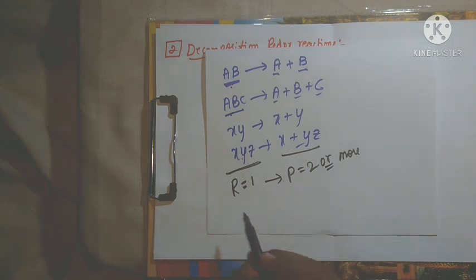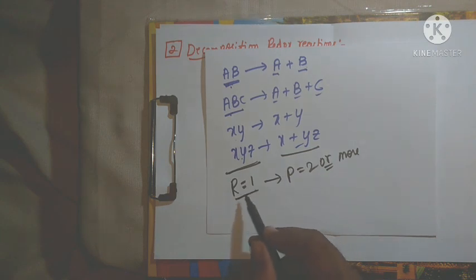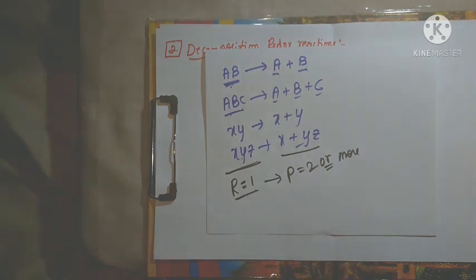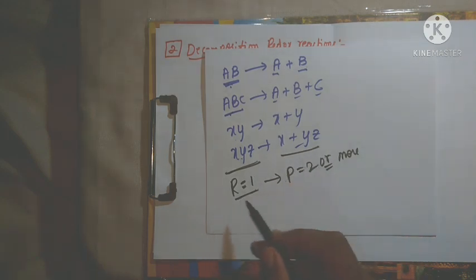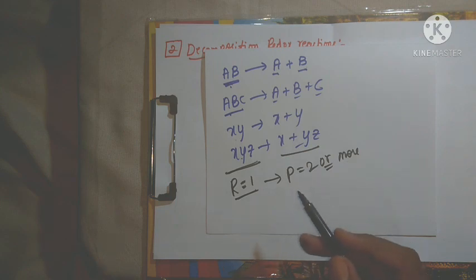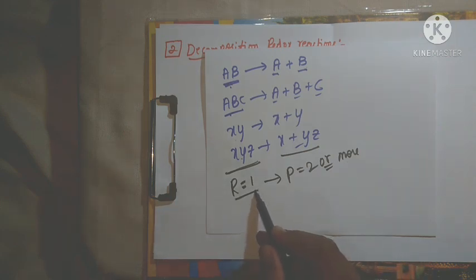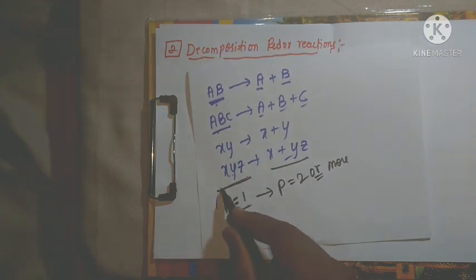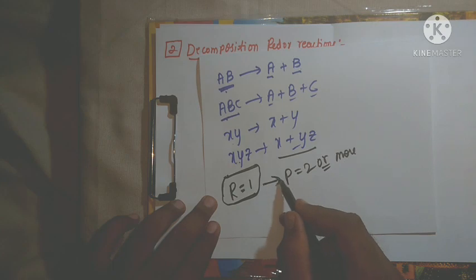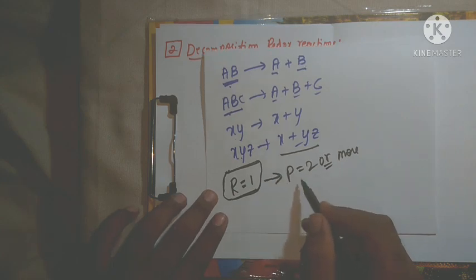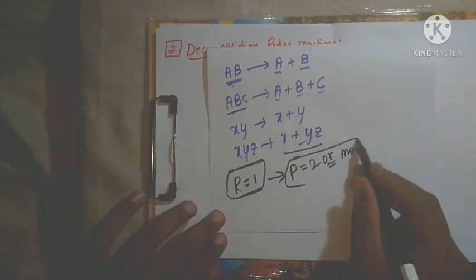Now, just to check, how many reactants should be there? Only one reactant. But how many products should be there? Two or more products. Such type of reactions are called decomposition reactions. Definition: the reaction in which only one reactant undergoes decomposition and produces two or more products.